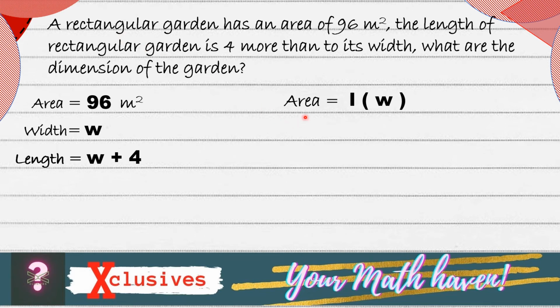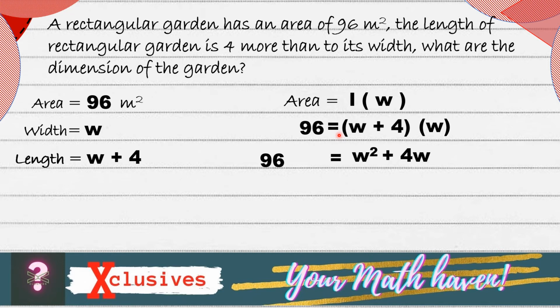By substituting, our area 96 is equal to our length, W plus 4, times W. Now let us do the distributive property on the right side. So we have 96 is equal to W squared plus 4W.